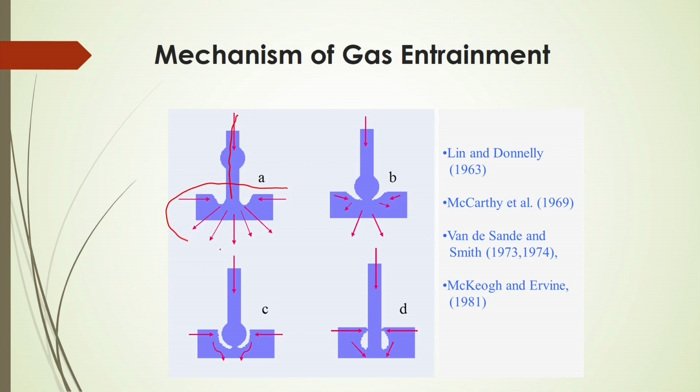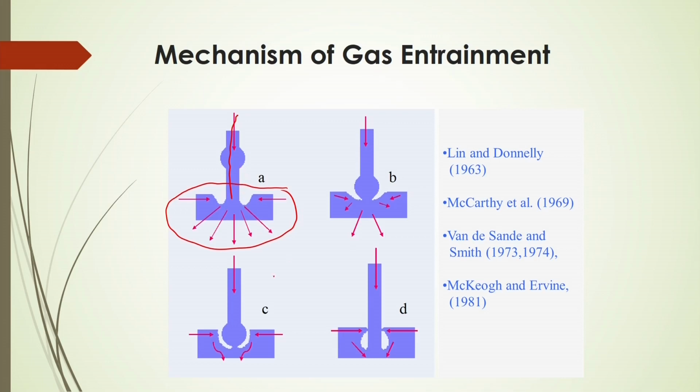And what is the mechanism of gas entrainment by a liquid jet plunging into the pool of liquid? Whenever a liquid jet comes into the pool of liquid, you will see there will be a thrust on the liquid surface, and because of the downward movement of that thrust, the force applied by this liquid jet on the pool will break the surface of the liquid.